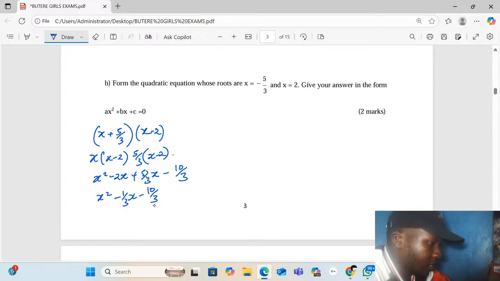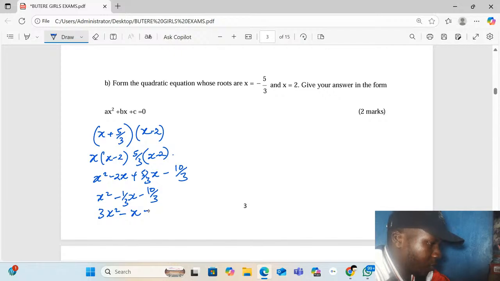So this one is divided by 3. We can multiply by 3 in each, so that we can do away with that 3, so that we remain with 3x squared minus x. That one, a third times 3 will remain with 1, and that means it's minus x.